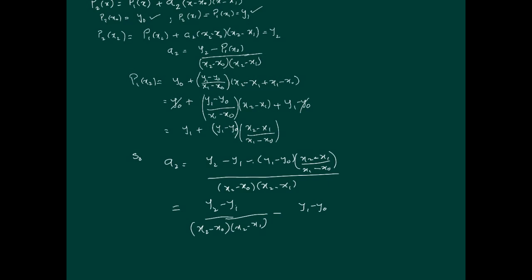You'll see here the x2 minus x1 will cancel with the x2 minus x1, and it'll give us x1 minus x0, which is left over, into x2 minus x0. Oh, sorry.